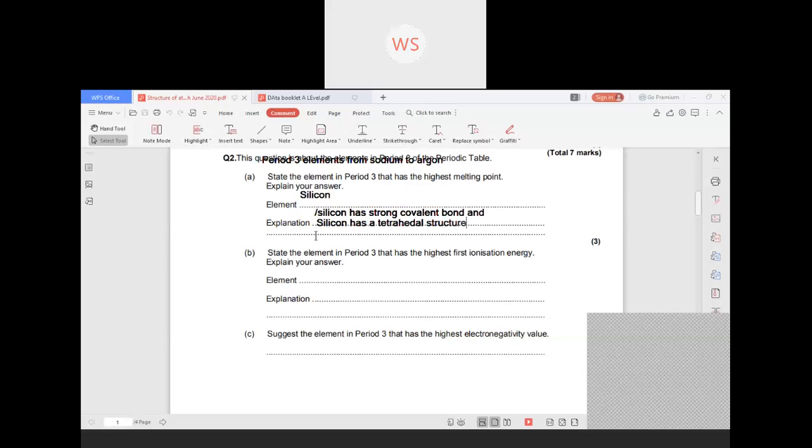Tetrahedral structure means one silicon is bonded to four different silicon atoms, so the bonds are strong.